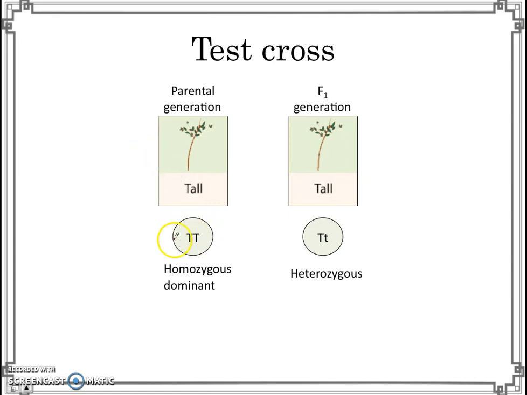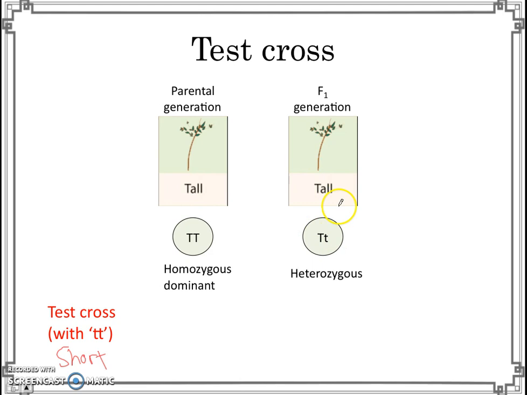So this test cross comes in handy because we can use it to differentiate between a tall plant that is homozygous dominant and a tall plant that is heterozygous. So let's say we have these two tall plants. Right? We want to tell the difference between them. We can perform a test cross on each of them. So we'll cross each of them with a short plant that is homozygous recessive.